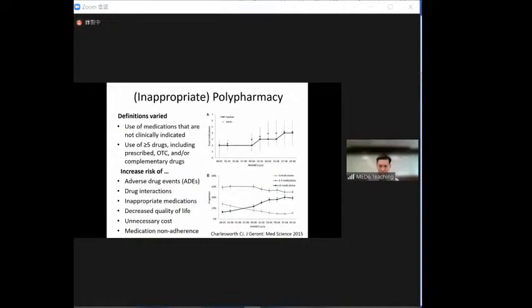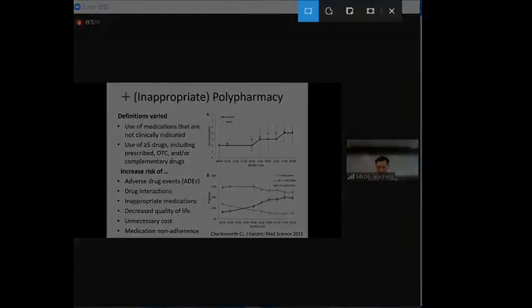And polypharmacy is very common and increasingly common nowadays.